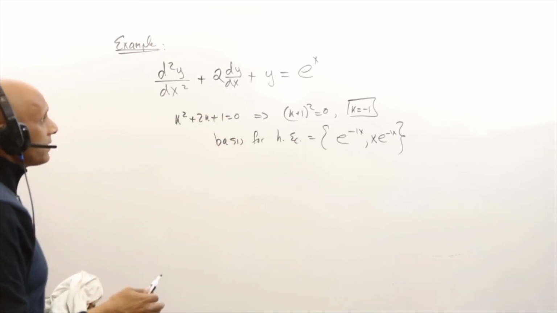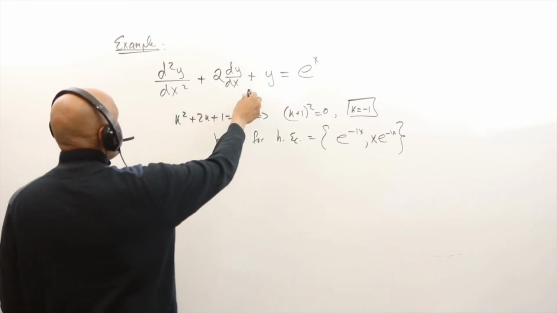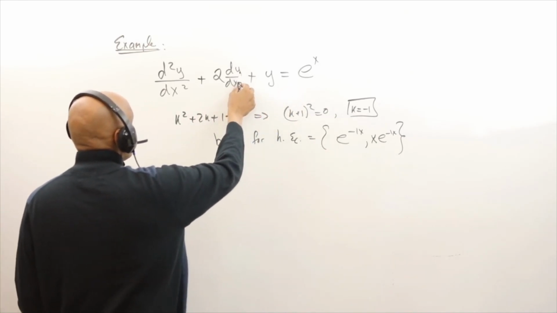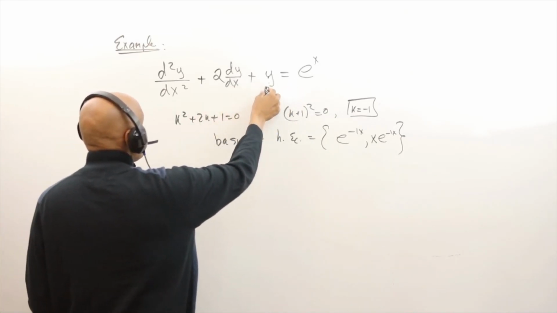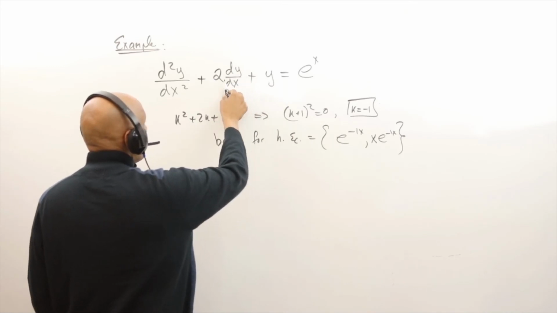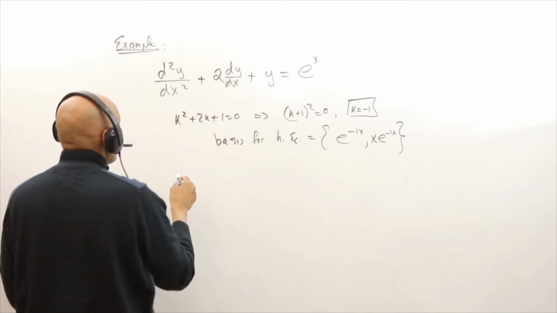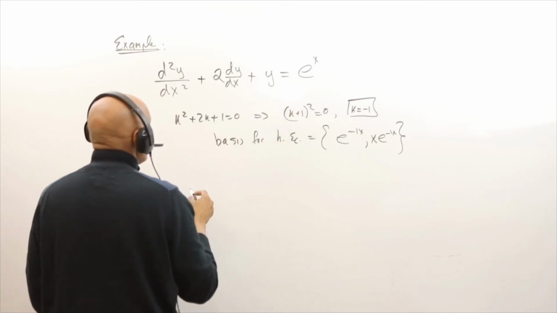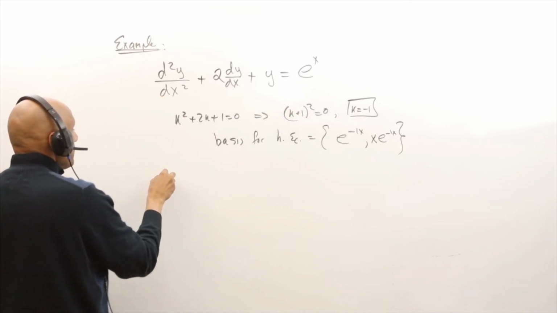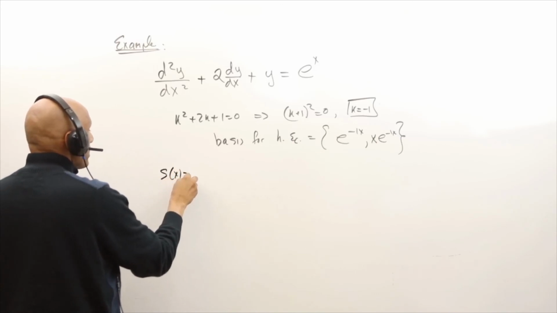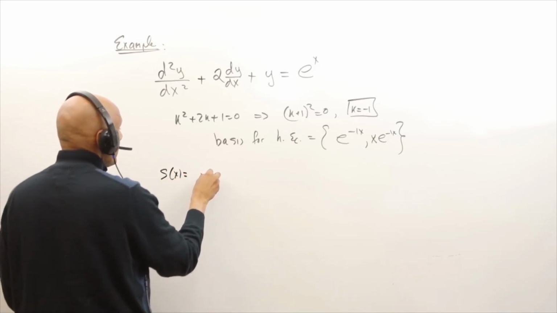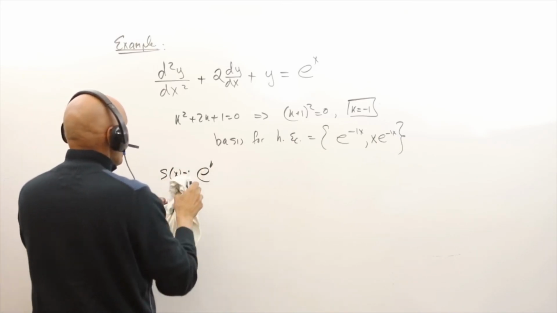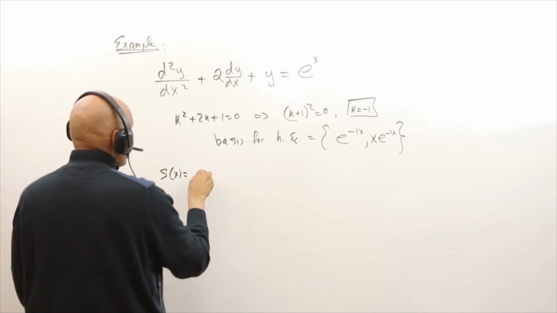And this is complete conjecture, but if you look at e to the x, every time I take a derivative of e to the x, it always comes back as e to the x. So I think a solution would be something of the form of e to the x. I'm going to try a trial specific solution, s of x, equal to a constant a times e to the x.